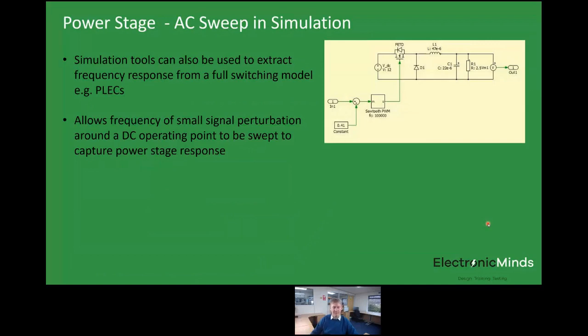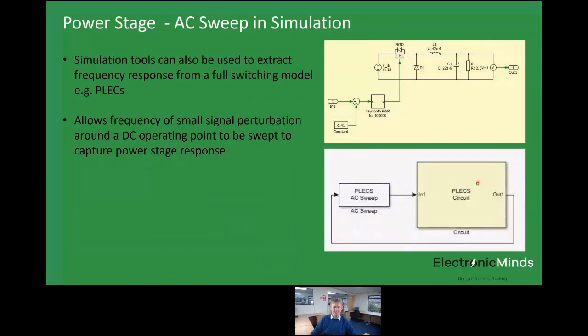But sometimes it can be a useful thing just to do it in simulation, or there are other techniques as well. The example I'm going to show you here is that same buck converter, but in the Plex simulation software. We can put that buck converter into a system whereby you have an input and an output. The output here is our output voltage. The input is the demand going into our modulator.